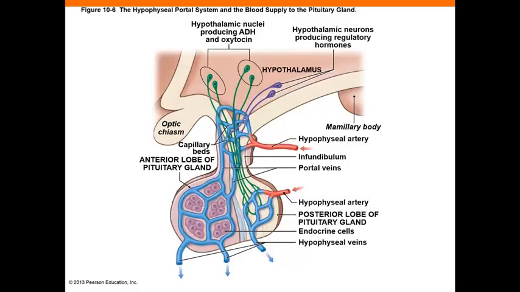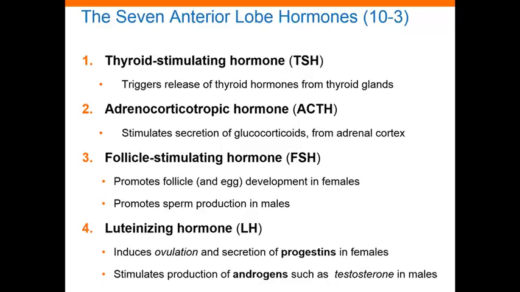The hypothalamus controls the anterior lobe of the pituitary gland with either releasing hormones, RH, or inhibitory hormones, IH, or some combination of releasing hormones and inhibiting hormones. The anterior lobe of the pituitary gland produces 7 hormones.